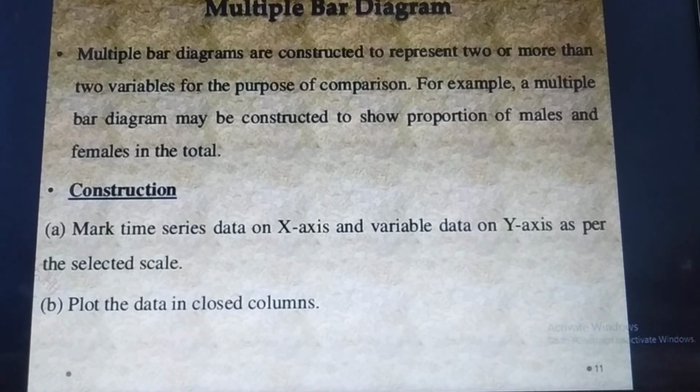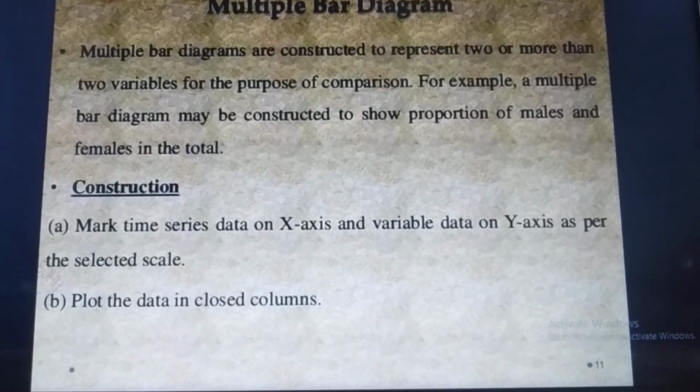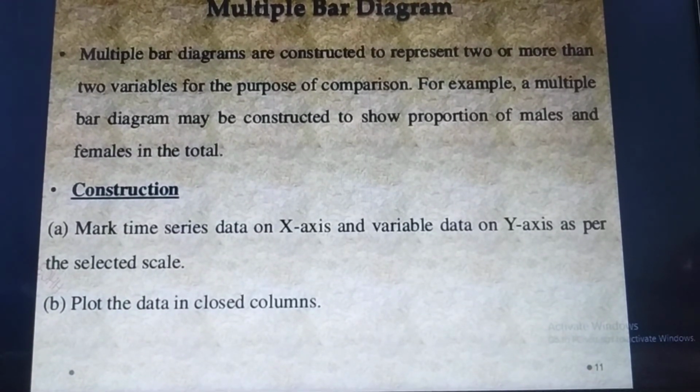Multiple bar diagram. The multiple bar diagrams are constructed to represent two or more variables for the purpose of comparisons. For example, a multiple bar diagram may be constructed to show the proportion of males and females in the total. Construction. Mark time series data on the x-axis and variables data on the y-axis as per the selected scale.